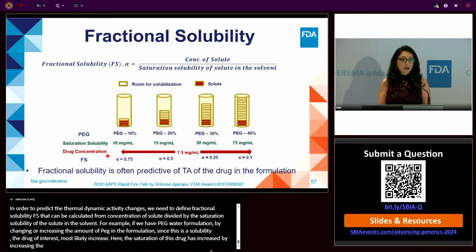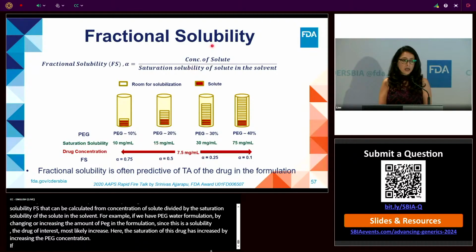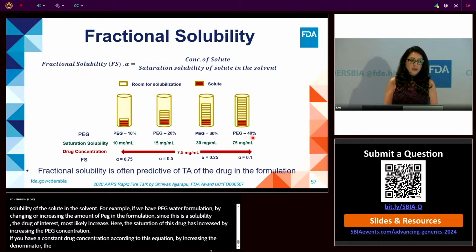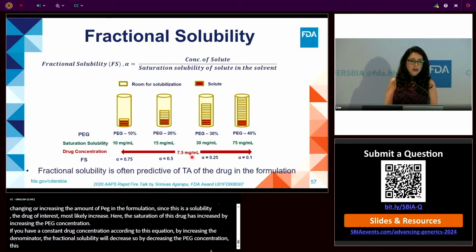But if we have a constant drug concentration, according to this equation, by increasing the denominator, the fractional solubility would decrease. So by increasing PEG concentration, the saturation solubility increases, but at 7.5 milligram per ml concentration, we have the lowest alpha with the 40% PEG formulation.